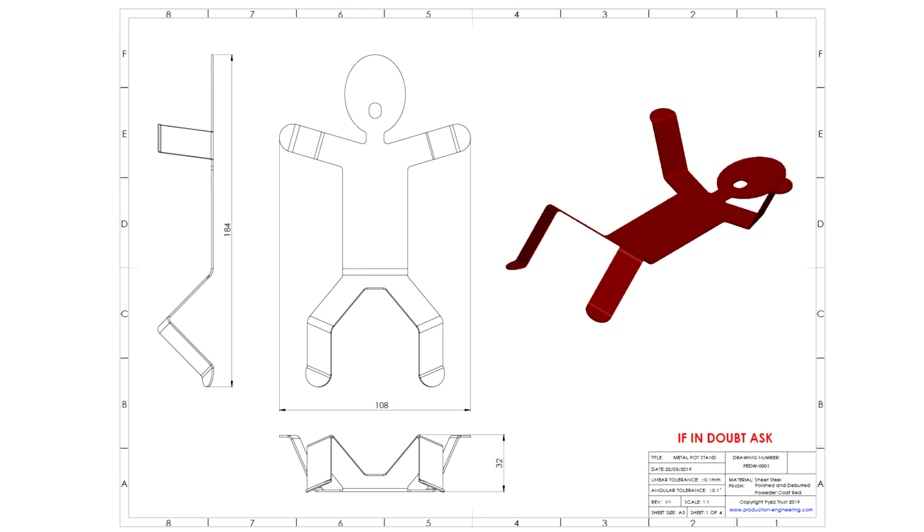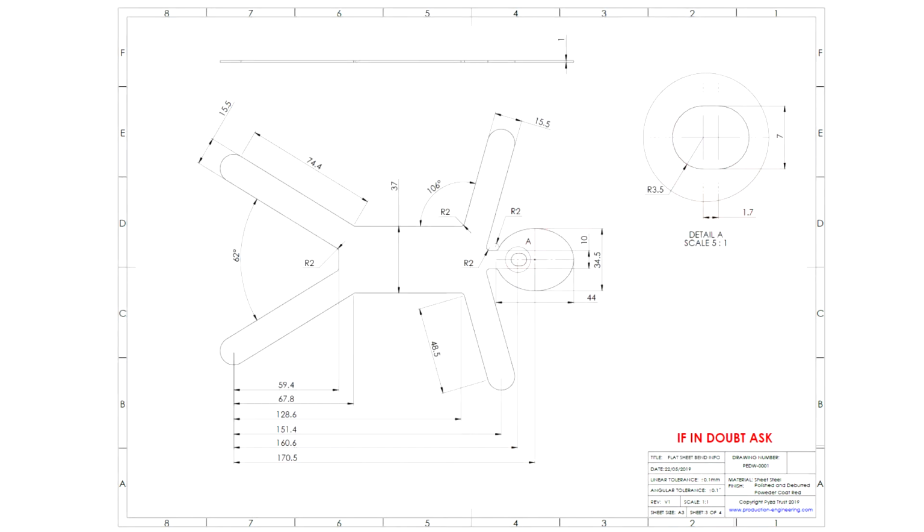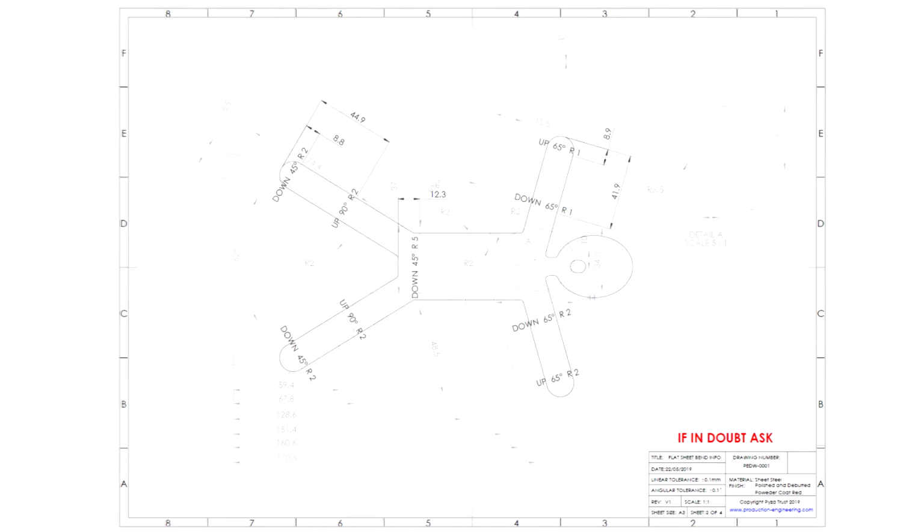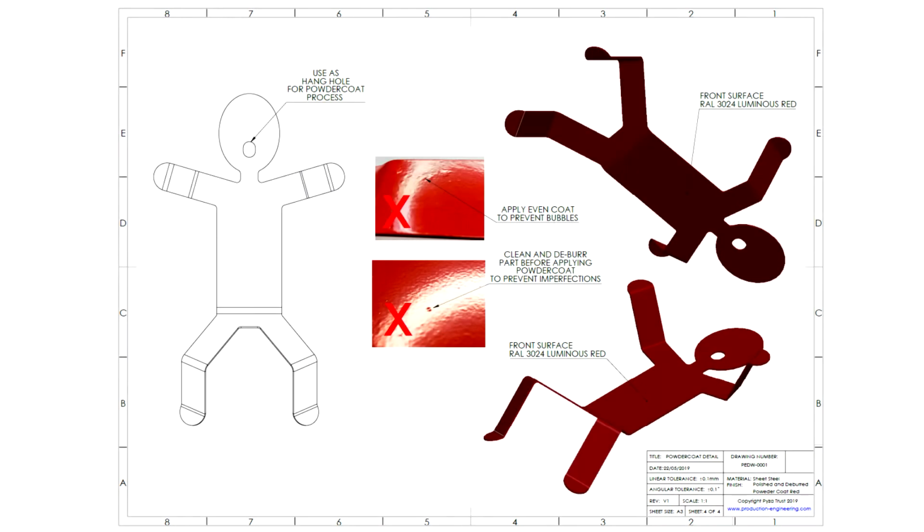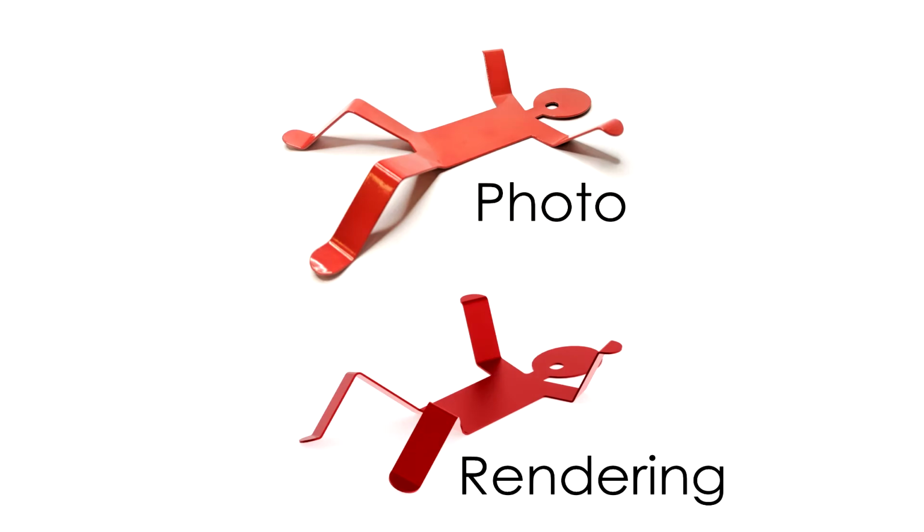So a line drawing that you would get from a really good production engineer has everything. It will have the dimensions. It will have also the way to manufacture or assemble something. It will have instructions on how to powder coat, what is acceptable, what isn't. It's actually quite an extensive amount of sheets that you get in your line drawing. Besides the CAD model that you can get from a designer or a production engineer, there's the actual 3D rendering, which you can see right now on your screen.